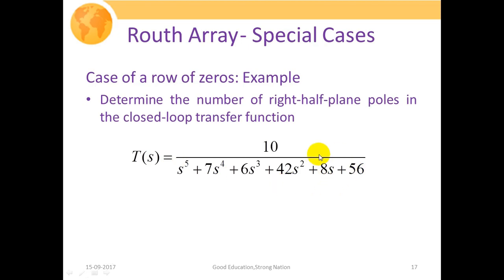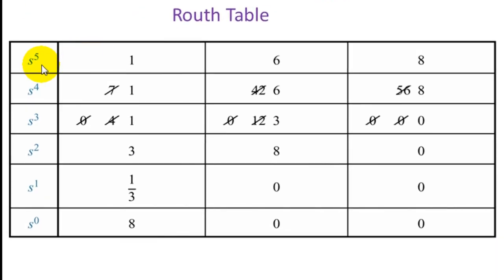So we'll evaluate the Routh table for this given polynomial, that is s to the power 5 and s to the power 4. We will write up the coefficients 1, 6 and 8, then 7, 42 and 56.